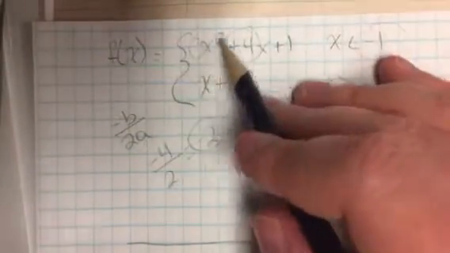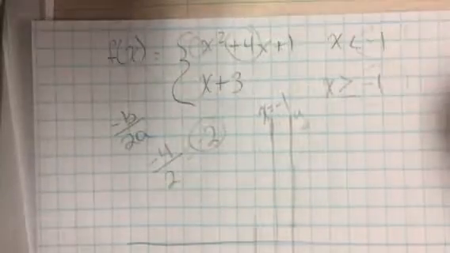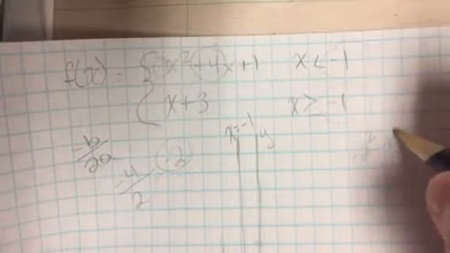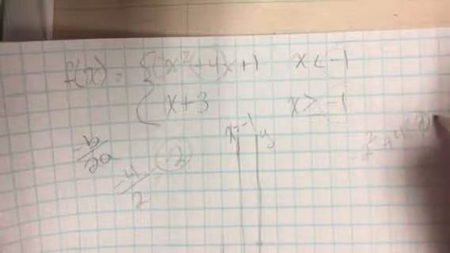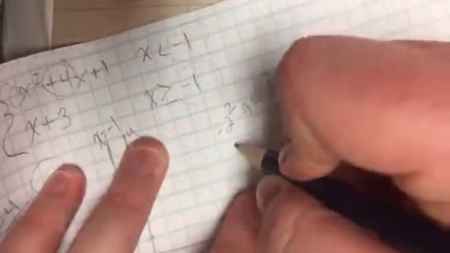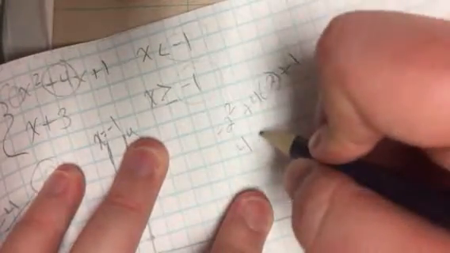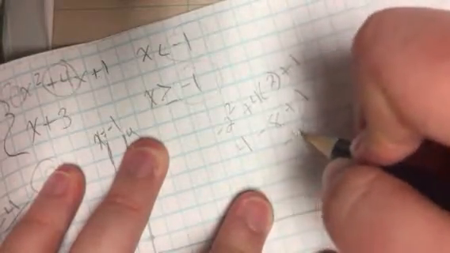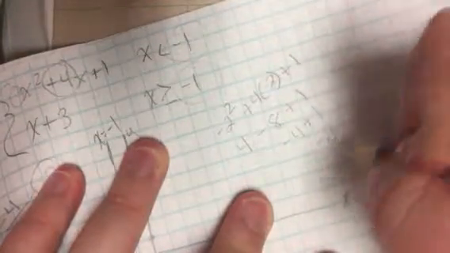So I'm going to substitute the -2 back into my equation. So I have -2 squared plus 4 times -2 plus 1. Move the paper over here so you can see my scratch work. -2 squared is 4. 4 times -2 is -8, plus 1. 4 minus 8 is -4, plus 1 is -3.